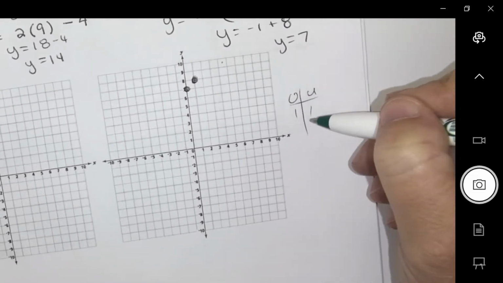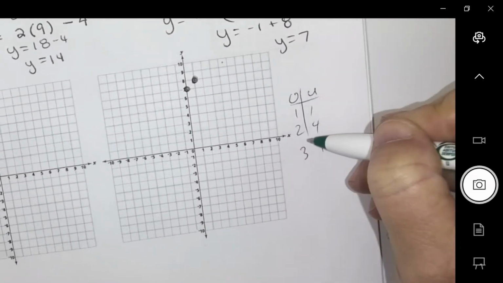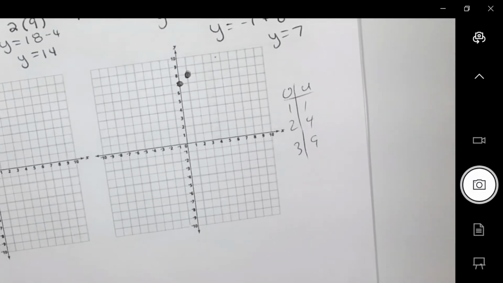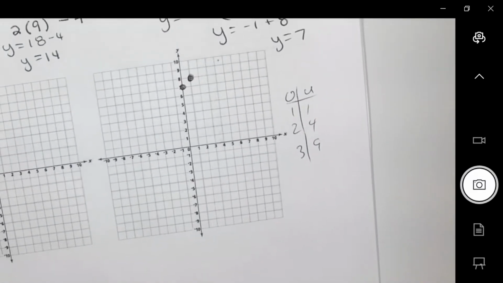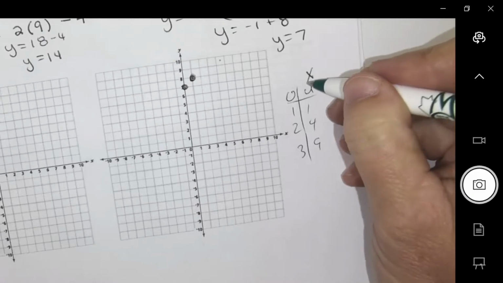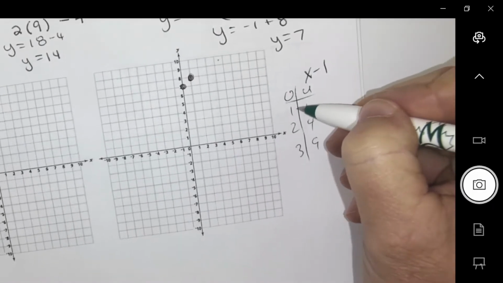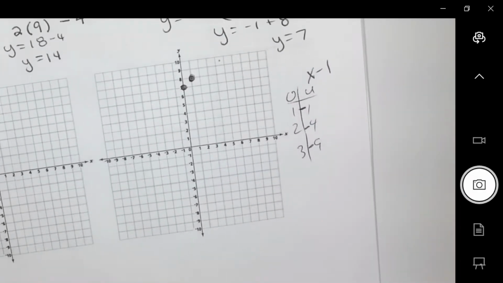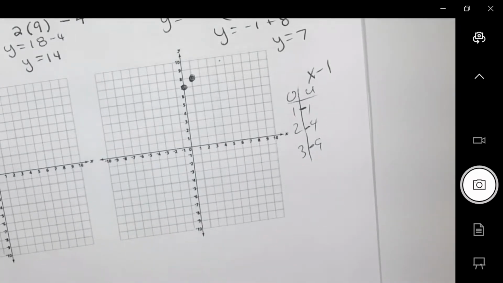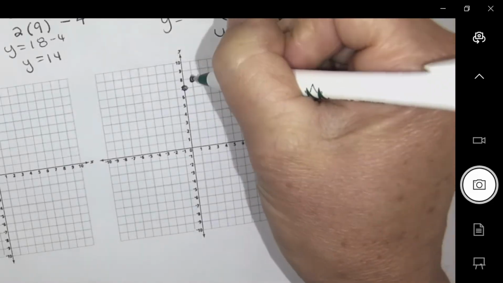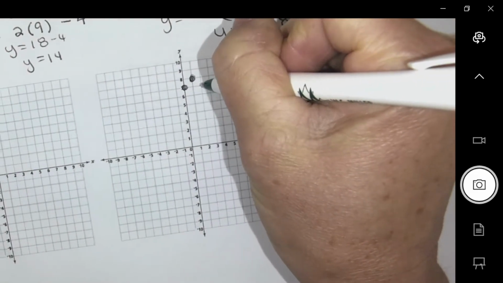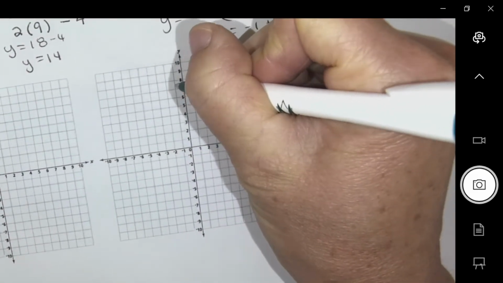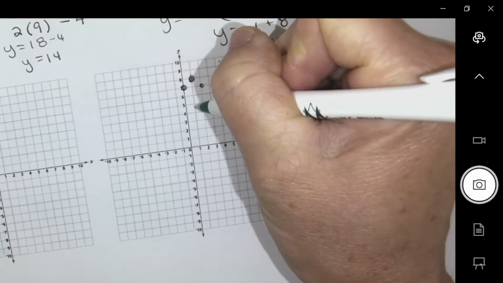Over, up, 1, 1, 2, 4, 3, 9. Basic. Are we basic? No, the slope is -1. So I'm just going to put negatives in front of those numbers. So we're going to do that pattern, but in the downward direction. So 1, 1, 2, 4.